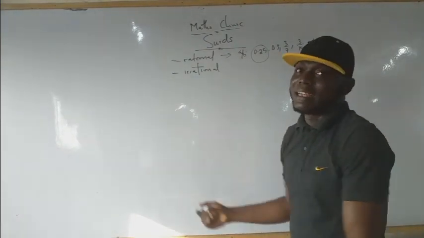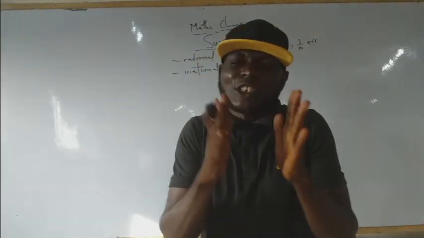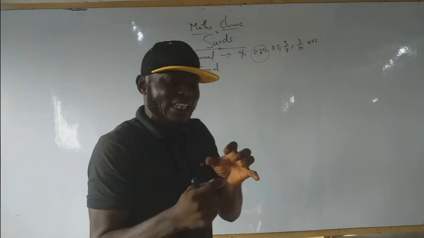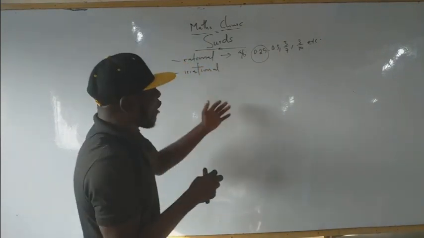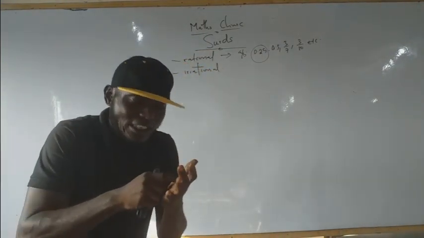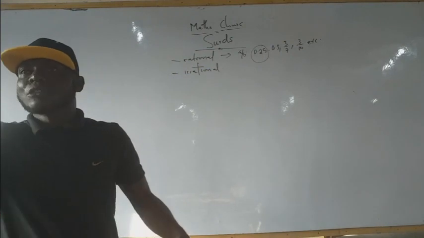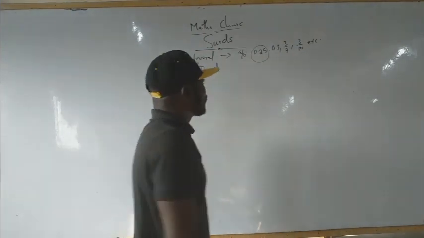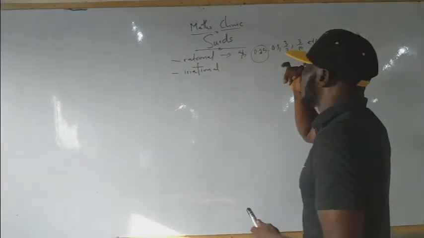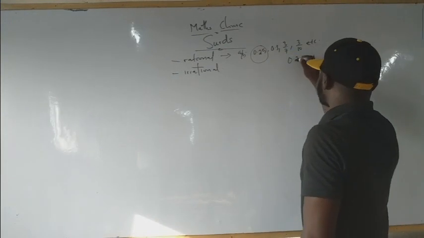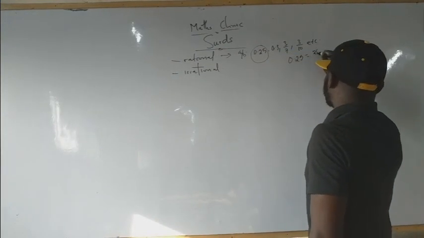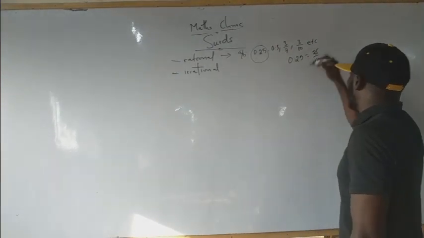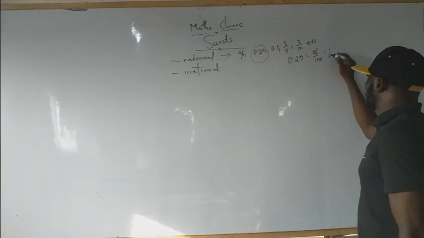What do you mean by decimal? Decimals are fractions whose denominator is in the form of 10, 100, 1,000, and so on. You can still take this to fraction form: 0.25 is 25 over 100, which is 1 over 4 in fraction.